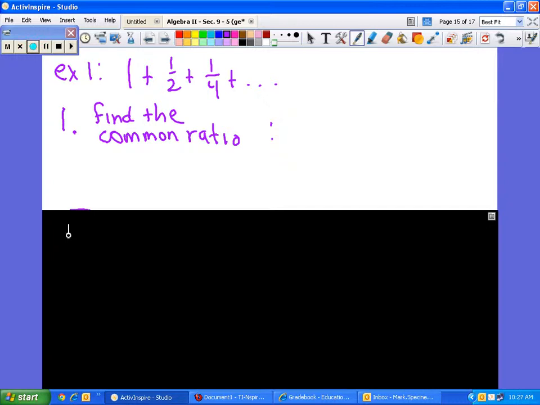How do we find the common ratio? It's A2 divided by A1. A2 is 1/2. A1 is 1. 0.5? Or 1/2? 0.5 divided by 1, or 1/2 divided by 1, is 0.5.